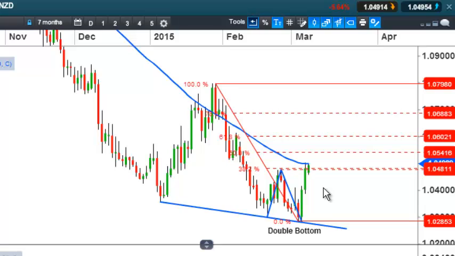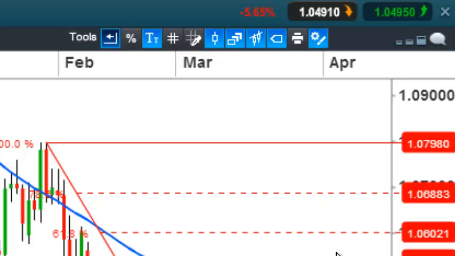Then price could start moving away up through the double bottom and up to a deeper correction, perhaps up to around the 61.8 or 78.6% level, which, as you can see, is around about 1.06 or 1.069 cents.